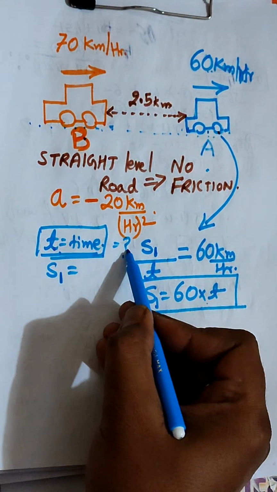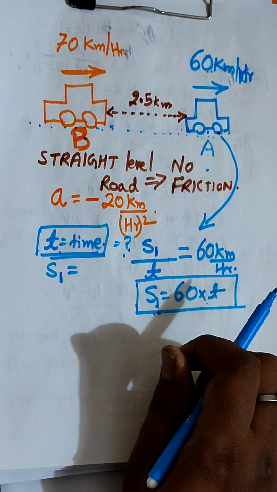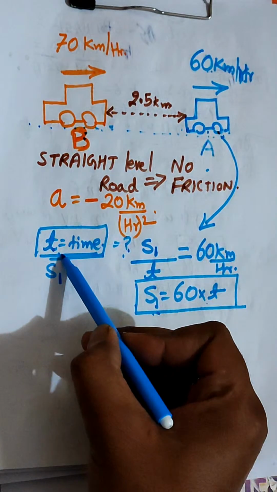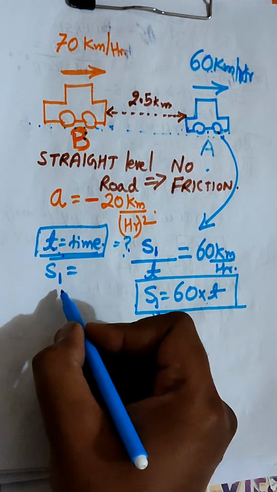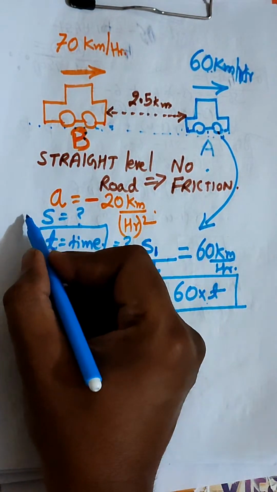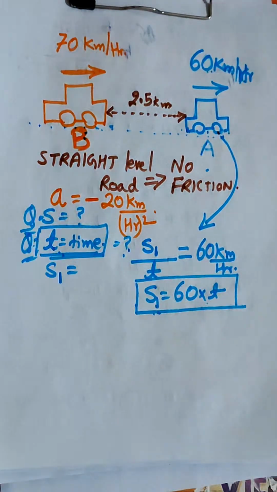In the same time T, read the question again: after what distance and time will B catch up with A? Let's say B catches up with A in T time, and the distance S also needs to be calculated. These are the two parts of the numerical which we need to calculate.